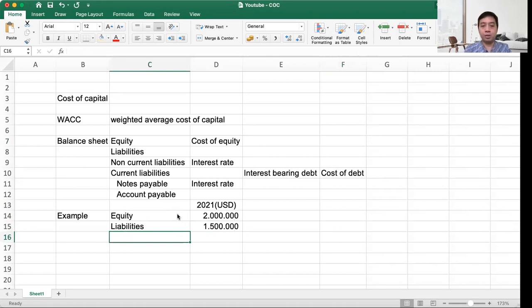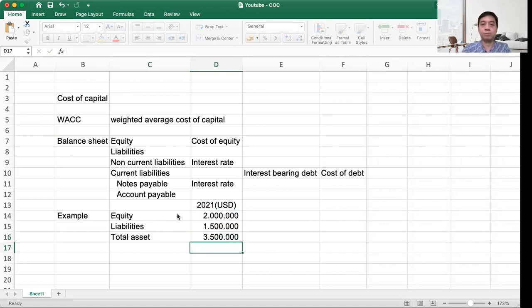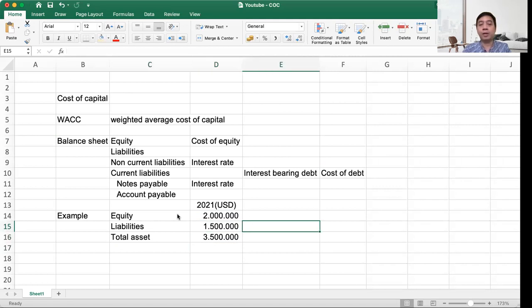So the total asset will be this one plus this one. Okay, so now we need to identify how much of this amount is interest-bearing debt.